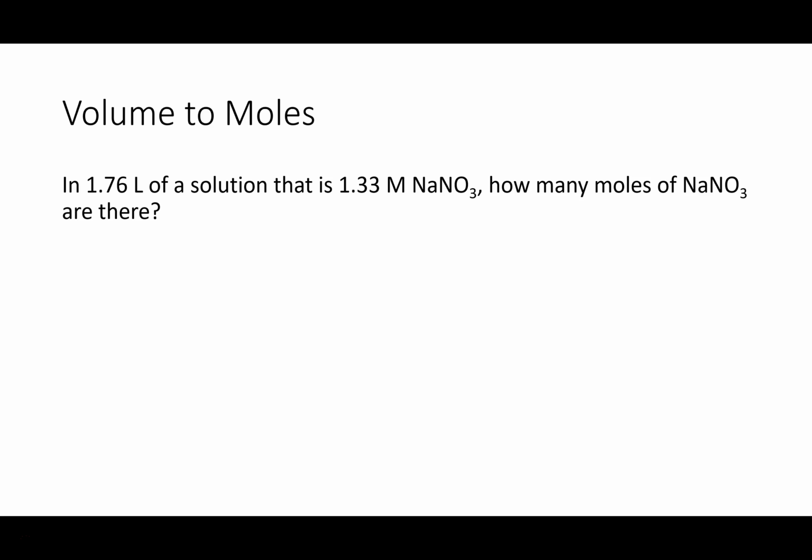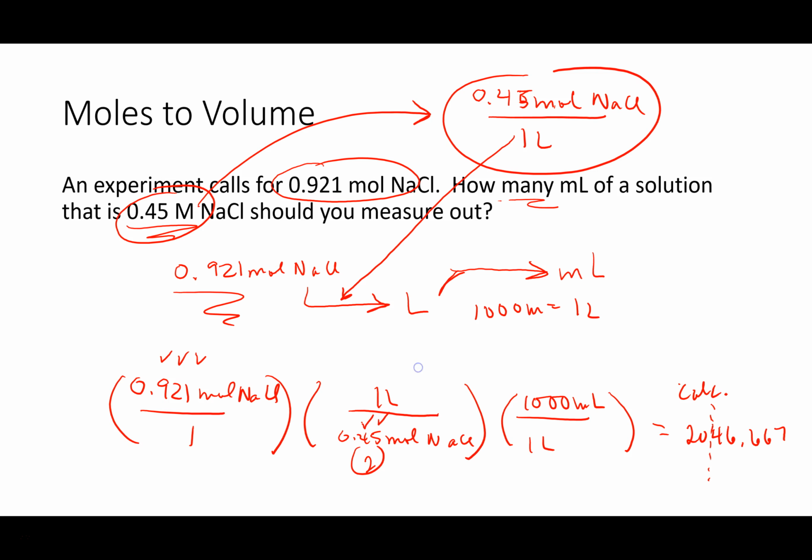So I'm going to have to go 2.0 times 10 to the 3rd. Does that sound right? To show 2 sig figs. And then what would the units be? Yep, milliliters, because moles canceled, liters canceled, milliliters. Yep, very good.